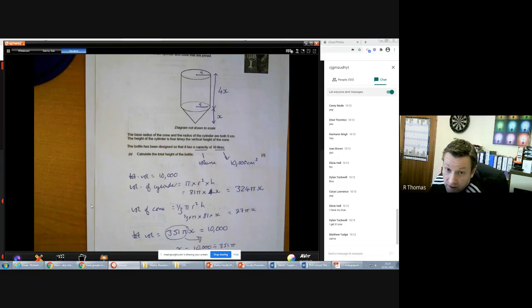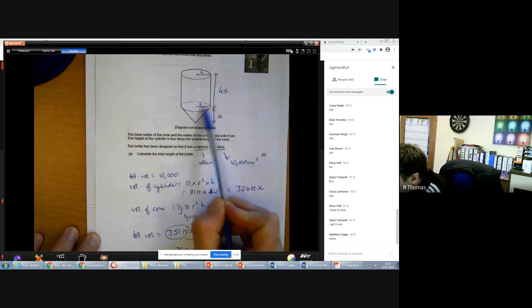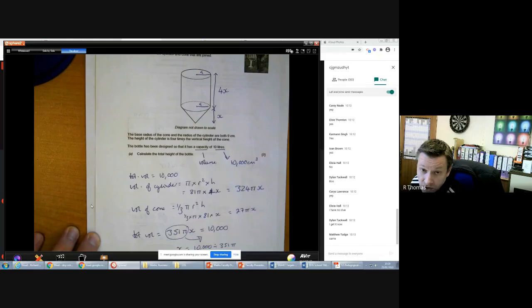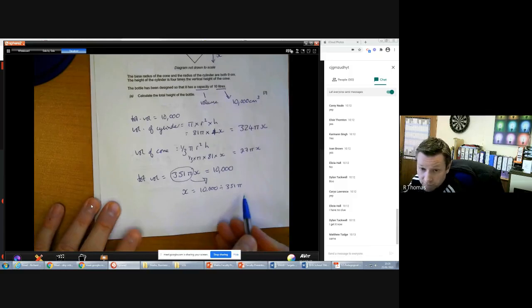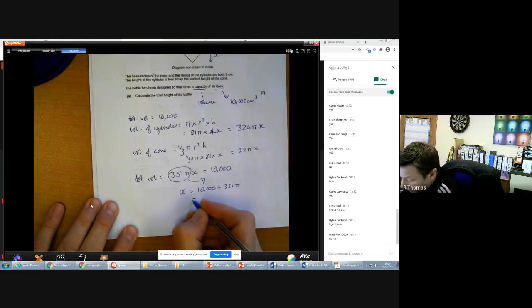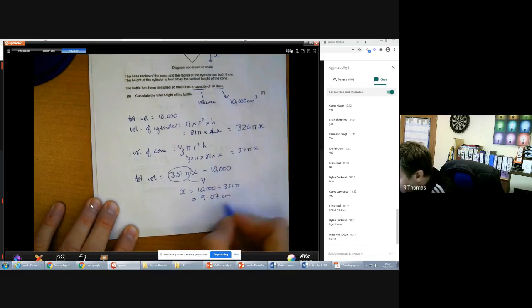If you look at it, it's not too dissimilar to this 9 here. So it's going to be in the ballpark of around that number 9. So if you check 10,000 divided by 351 pi in your calculator, you get 9.07 centimetres. And if you were doing this in an exam, you'd think, oh, awesome, that sounds and looks about right.